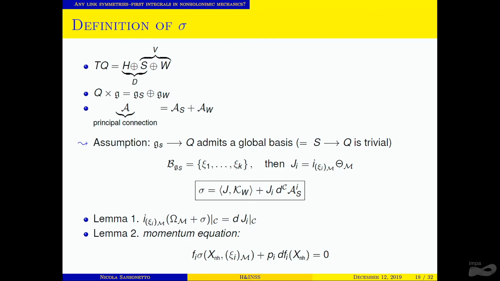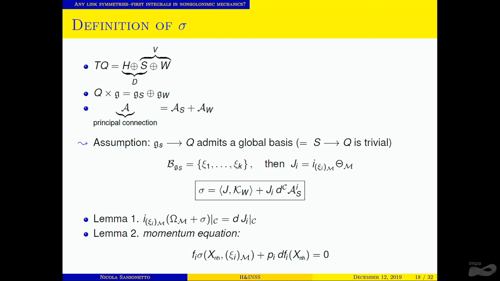And then it has been proved that this term, which is the pairing between the standard momentum map with this G-value form that describes the curvature of the vertical complement, is independent from the choice of the basis, while the other term does depend on the choice of the basis. Nevertheless, this sigma is G-invariant, and we will use it.